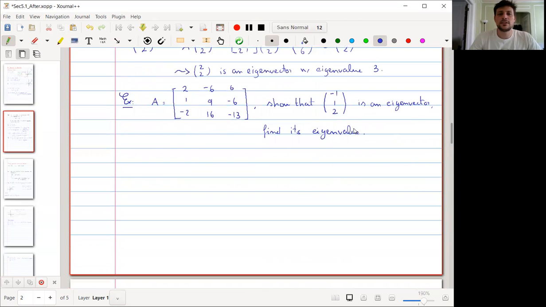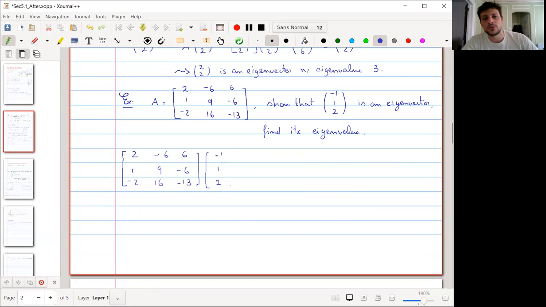Let's have a look at the last example, just to familiarize ourselves with the definition. I give you a matrix A and a vector (-1, 1, 2). The problem is claiming that this is an eigenvector. Let's check that and let's find the corresponding eigenvalue. The way we can find the eigenvalue is by multiplying the matrix by the given vector.